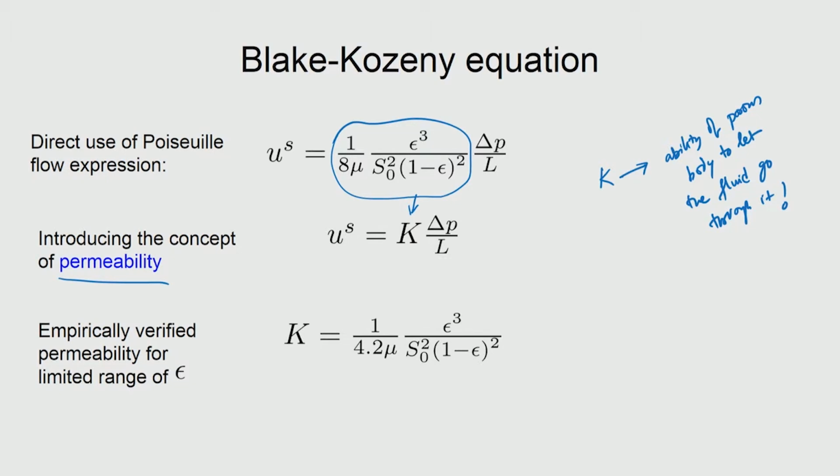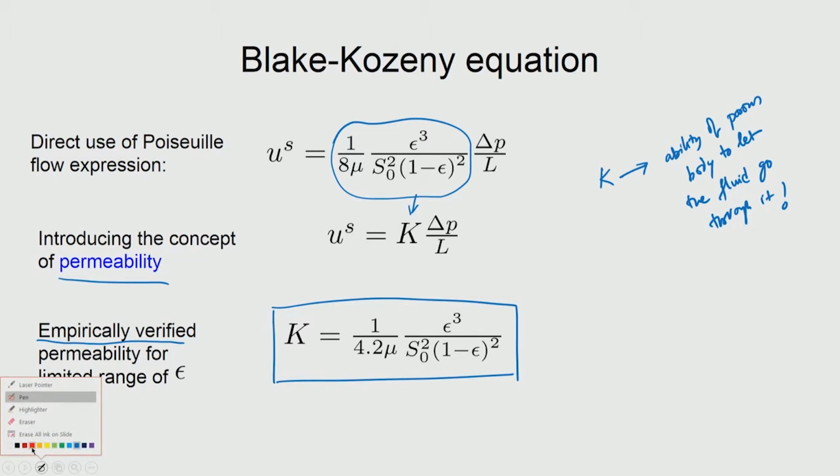So, we are now relating velocity to pressure drop per unit length through permeability, and the permeability coefficient is written with an empirically verified functional form here. So, this is an expression that has been derived separately. You can see that the only place where we got it a little off is here.